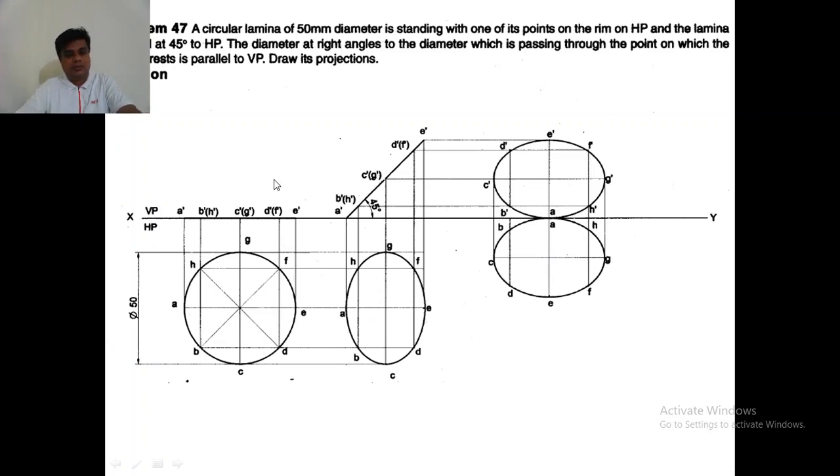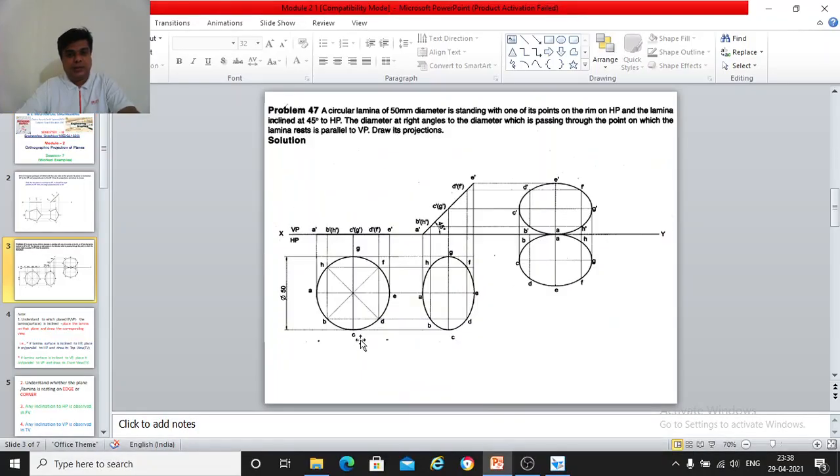Here, one more thing you should understand is that in this kind of problem, when the plane is inclined to HP, you start the problem with the top view. So we start here, and the sequence we follow is this one. Start the problem with the top view.